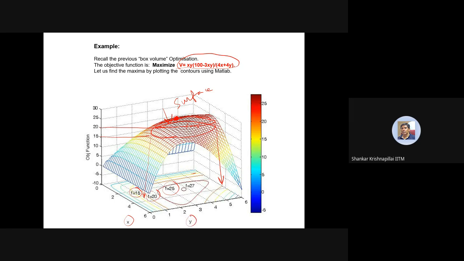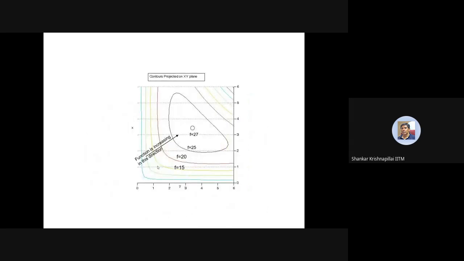Once the contours are obtained, there is no need to look at the three-dimensional graph. These are the contours projected on the xy plane. Frequently, we will not be given the actual shape of the three-dimensional objective function. We will only be given the contours.